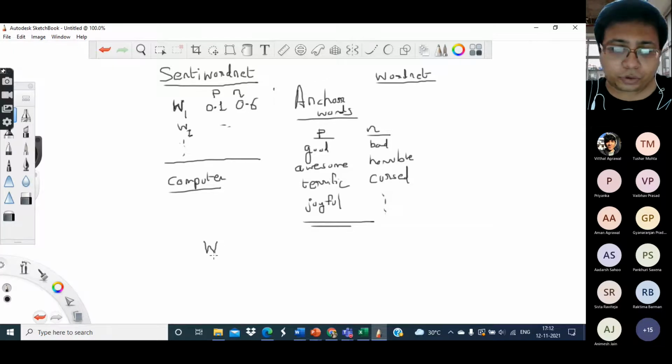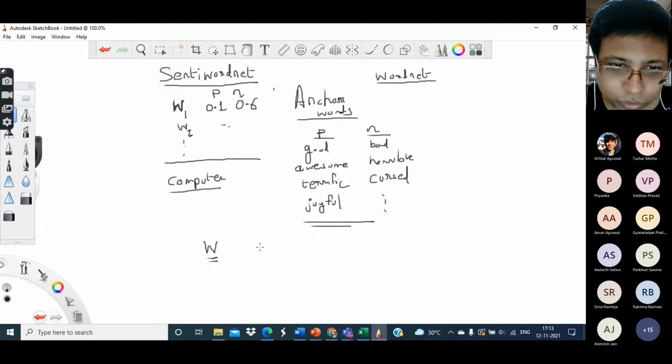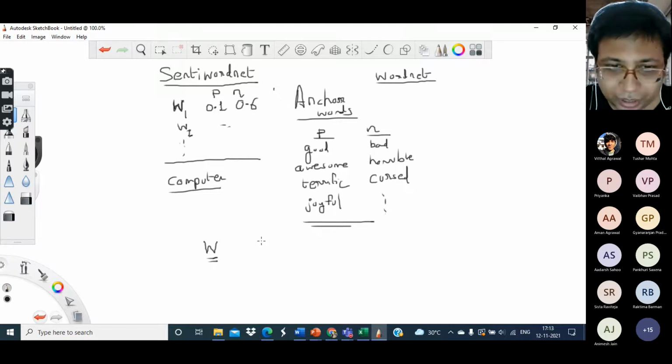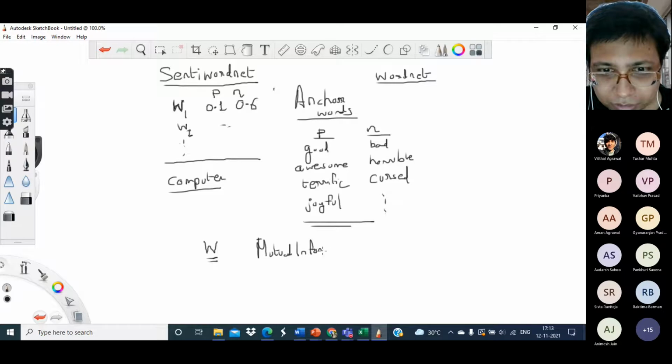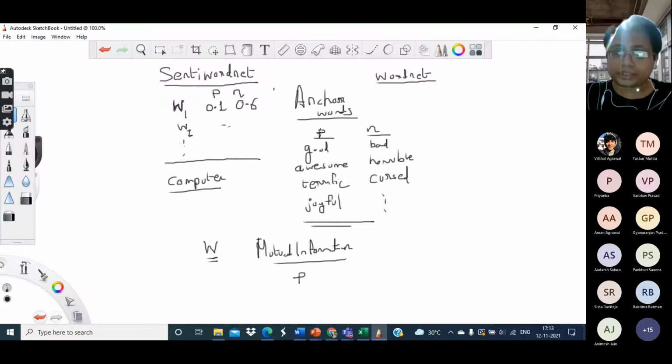If you consider any arbitrary word w, one way of assigning sentiment to it is as follows. You calculate this quantity, which is an information theoretic term called the mutual information. Let us say that p is any positive word, a positive anchor word.